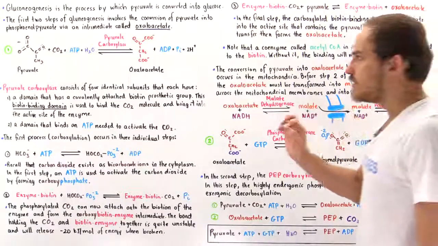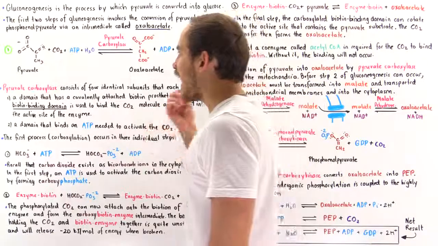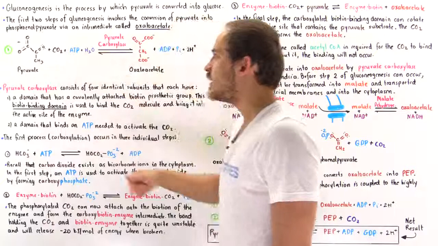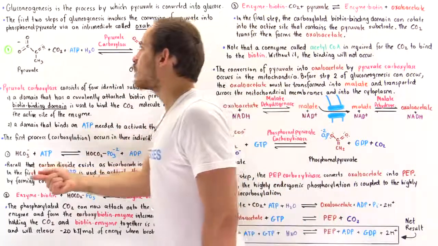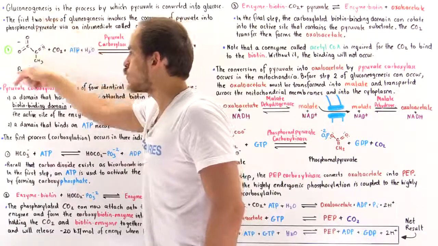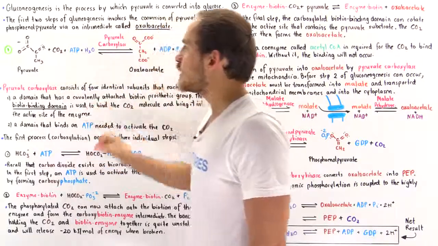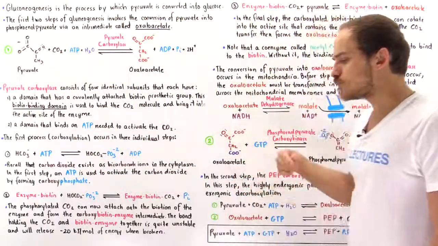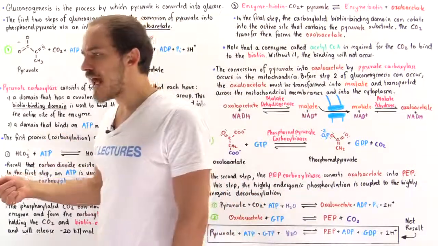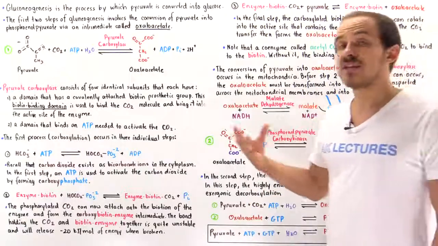Now, remember, in step 1, the entire goal was to use the highly exergonic process of the hydrolysis of ATP to drive the endergonic process of the attachment of the CO2 molecule onto that pyruvate. So we saw that the carboxylation process is actually an endergonic process. Now, that implies if carboxylation requires energy, that means decarboxylation actually releases energy.